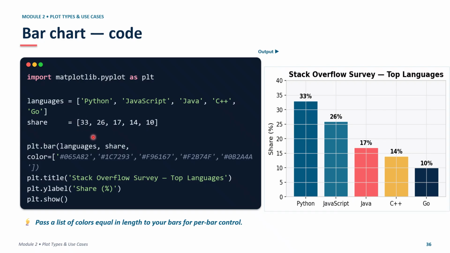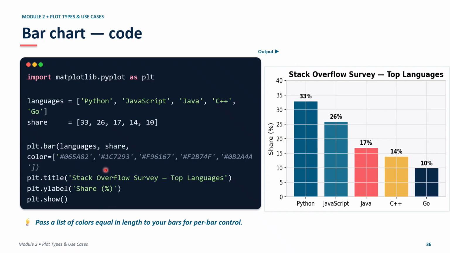Now it is a must that you always sort your bar chart data by value so that the ranking is immediately visible, and you can use plt.bar, giving the x-axis and y-axis values. I've given different colors for each language, so it is up to you to choose the different colors.